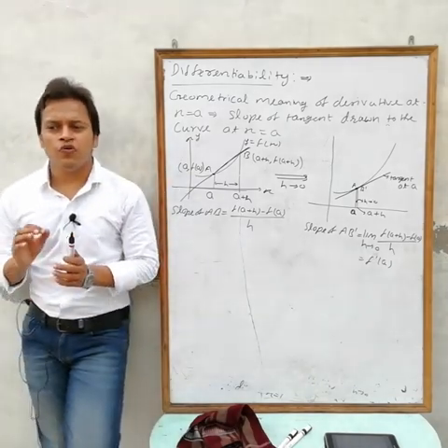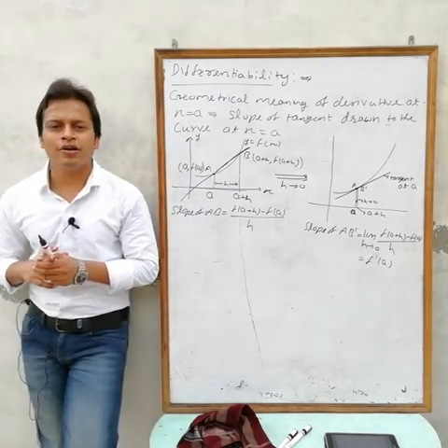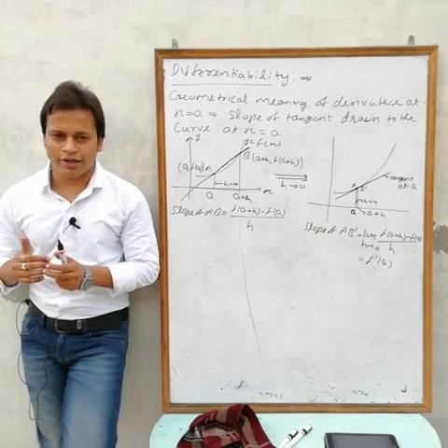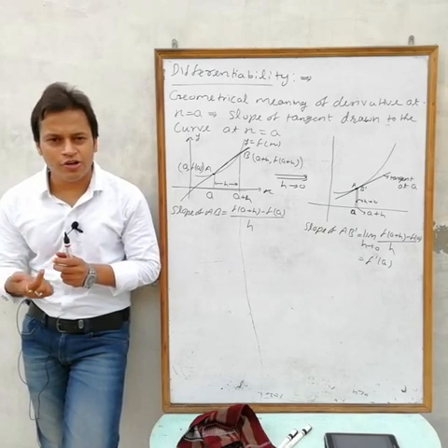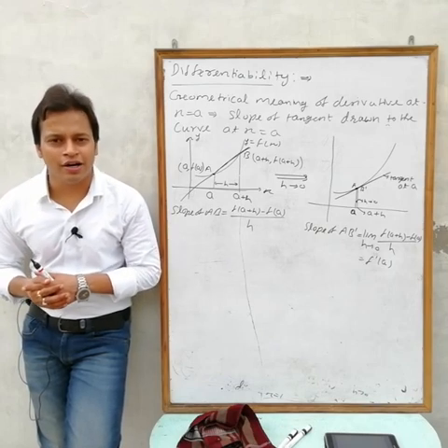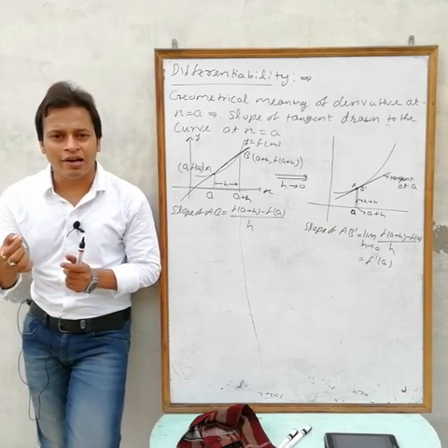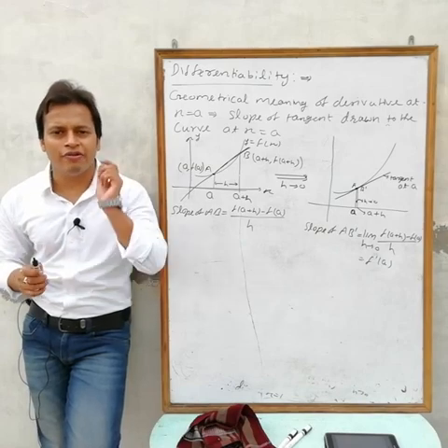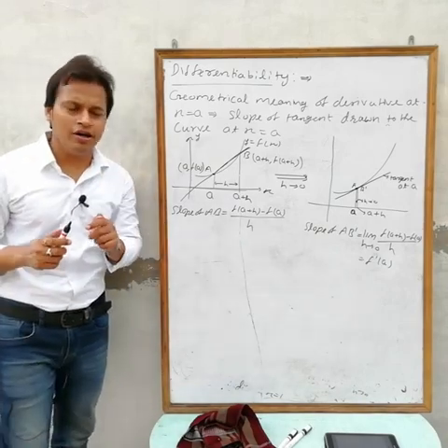From both you will get the tangent and from both you will get the slope of the tangent. It means we have two possibilities for the derivative. So here we also have two derivatives. If you are using the right side point, then the derivative is known as the right hand derivative, and if you are using the left side point, then the derivative is known as the left hand derivative.